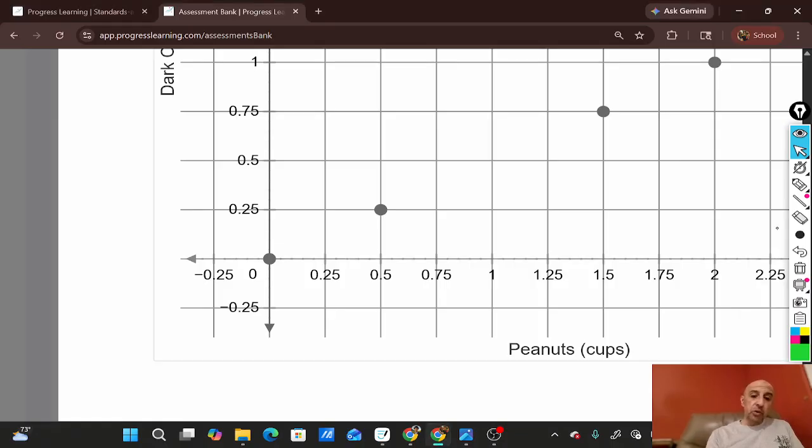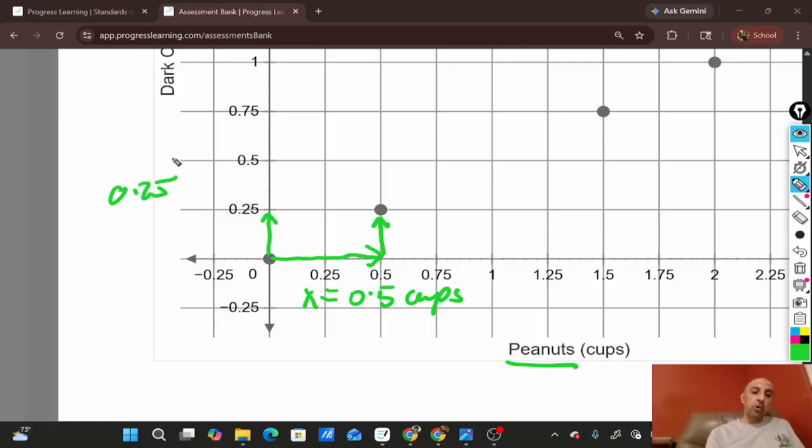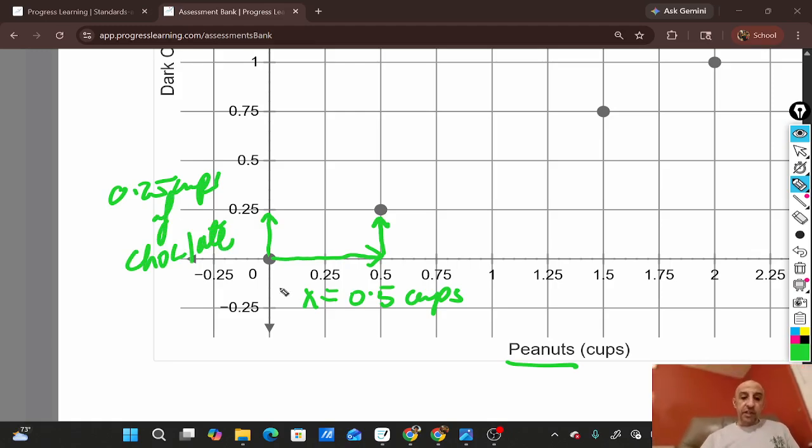To reach it, we always start from 0 and move to x equal to 0.5 cups of peanuts. At the same time, we go up 0.25 cups of chocolate.